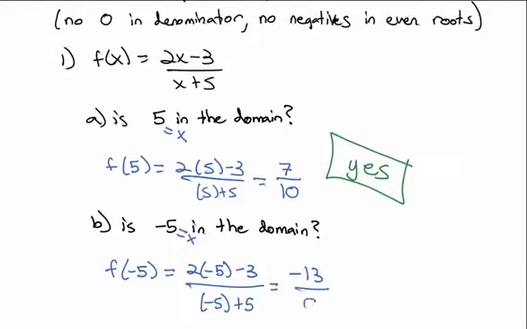But negative 5 plus 5 is 0. We can't do negative 13 divided by 0. We can't have 0 on the bottom of a fraction. I think about the word no. What's not allowed? No. 0 cannot be in the denominator of a fraction. Because that's undefined, it can't be in the domain. So we answer the question in the negative.